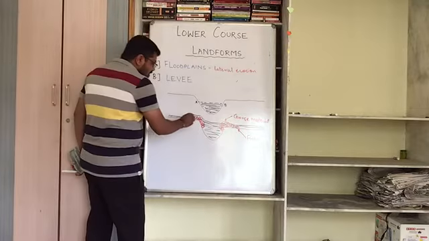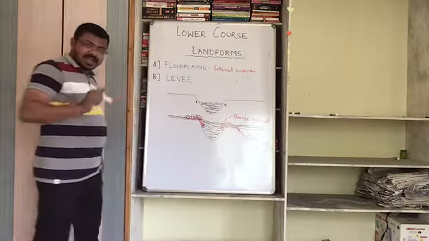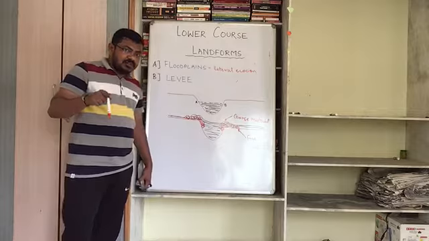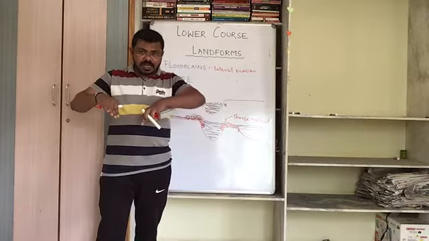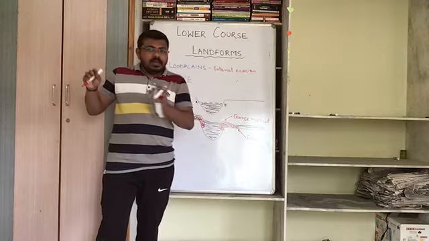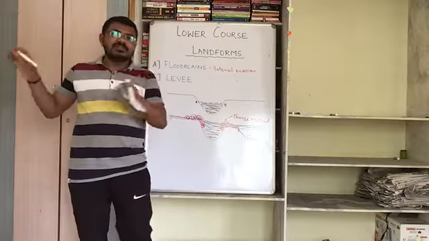So here you can see this is the deposition of the sand or the sediments by a river due to flood. The flood water recedes back into the river valley, but the amount of sediments remains on the bank.